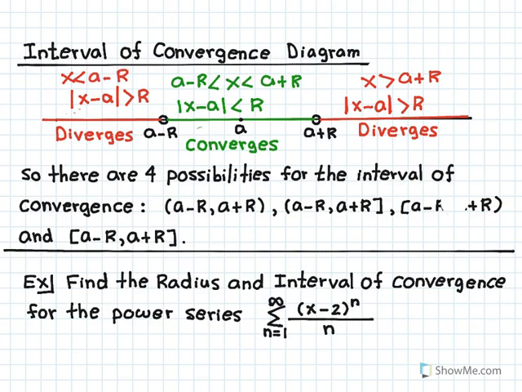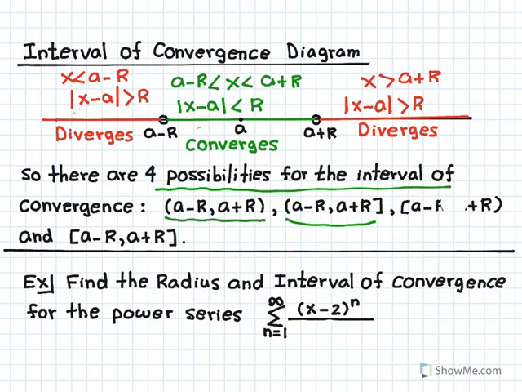So there are four possibilities for the interval of convergence. Number one, the open interval (a minus r, a plus r). That means don't include the left endpoint and don't include the right endpoint. Number two, include the right endpoint but exclude the left endpoint.